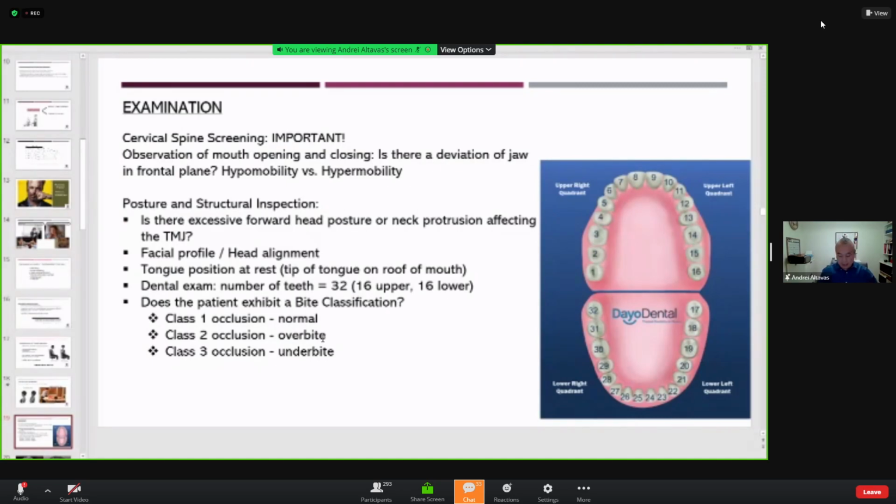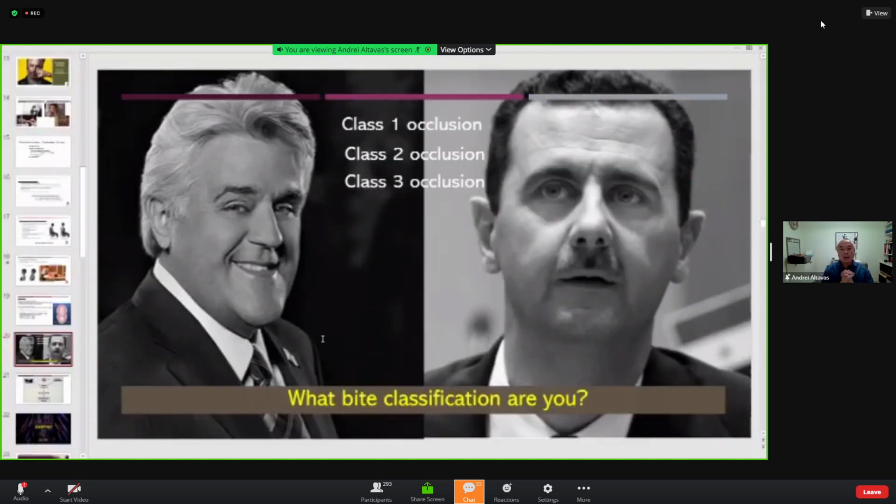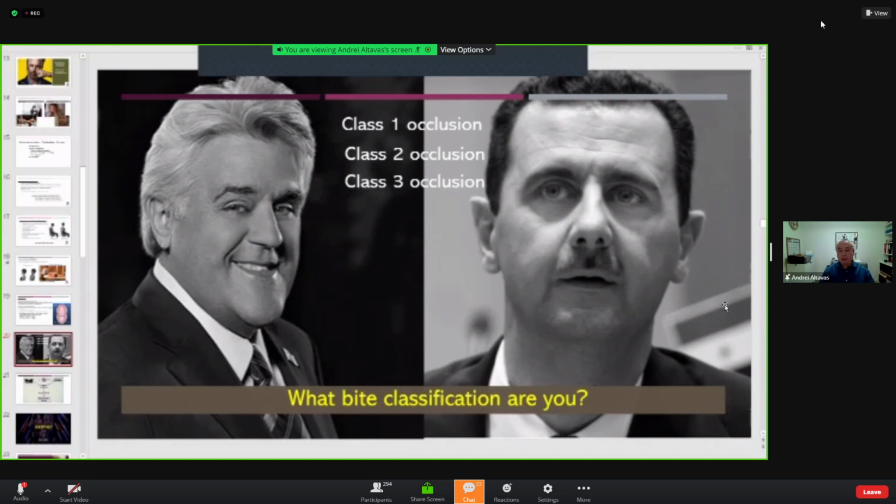So what it looks like is this. Class 1 occlusion, normal. I say everybody knows Jay Leno here. What bite classification does he exhibit? This is Jay Leno, and this guy over here is the former dictator of Syria, President Assad.